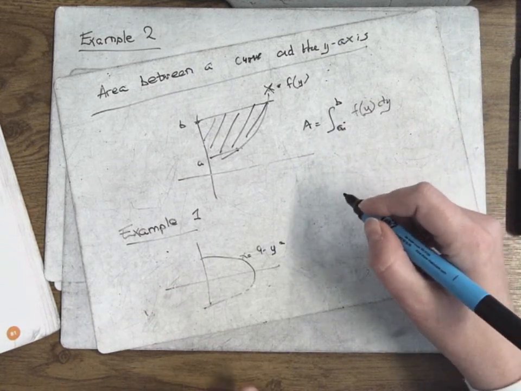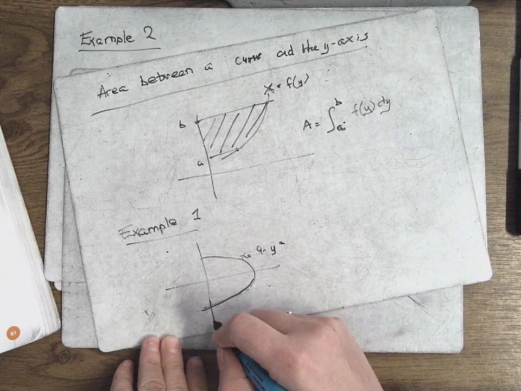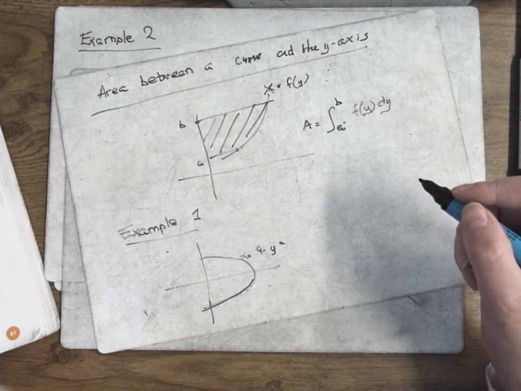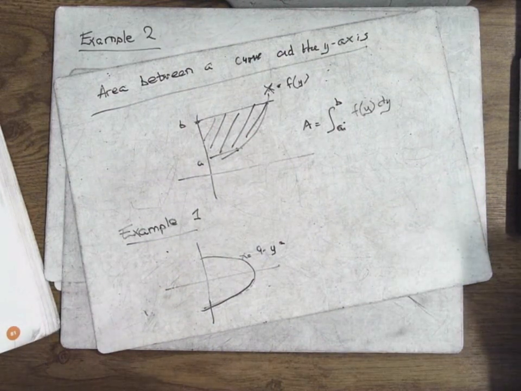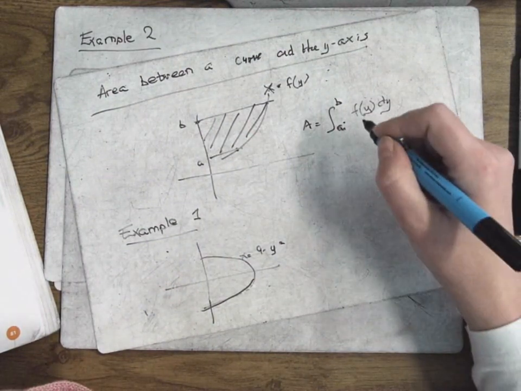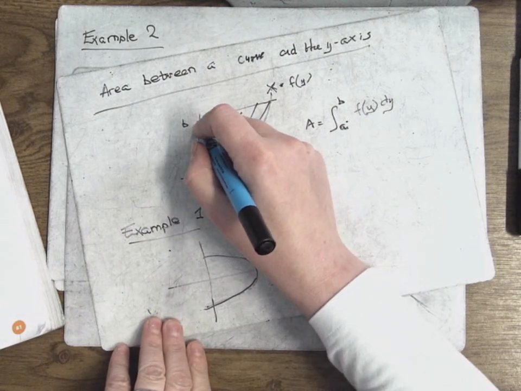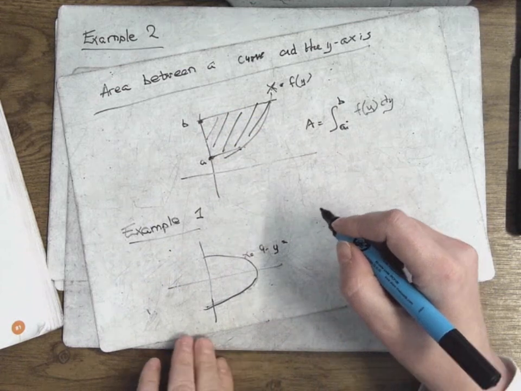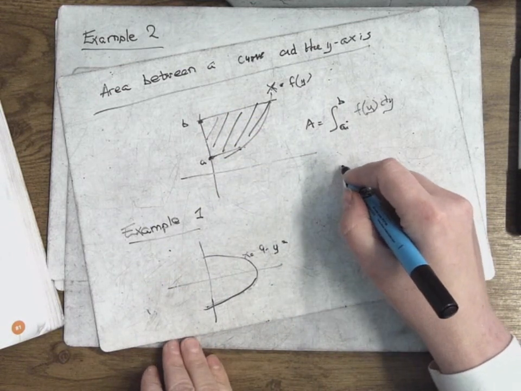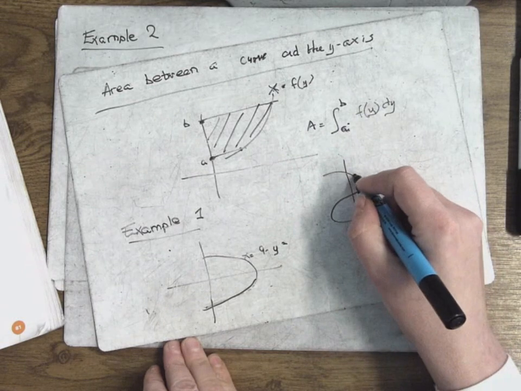So you have to rearrange the function if it's not given to you, so that it's x equals all the y's. Then you integrate from A to B. This time, it's only if the area is on two sides of the y-axis that you'd have to do it separately.